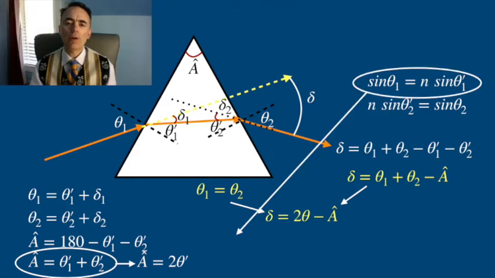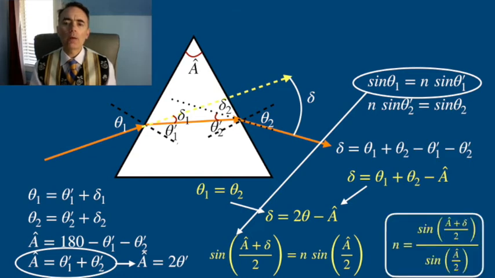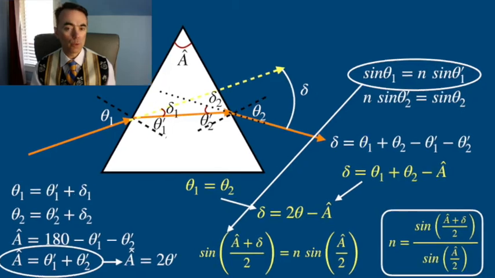We can use this final result in Snell's law to find a way to determine the index of refraction of the prism by measuring the angular deviation. n is equal to sine of (A plus delta) over 2, over sine of A over 2.